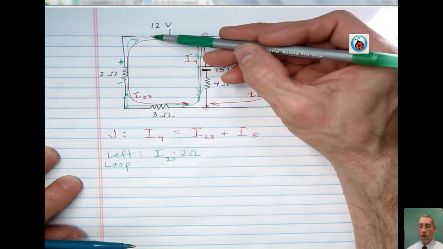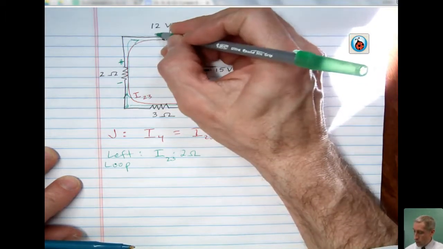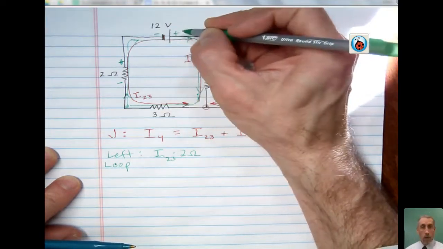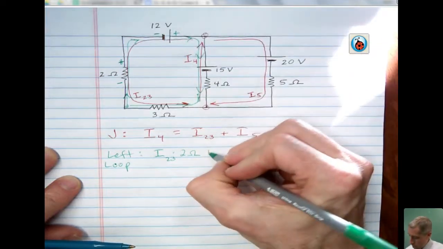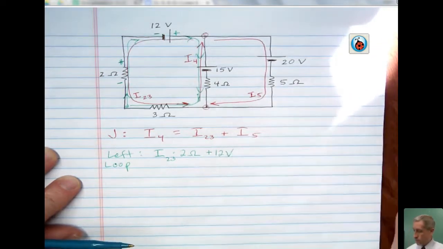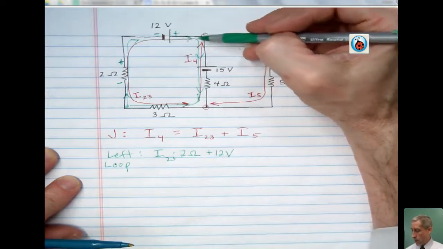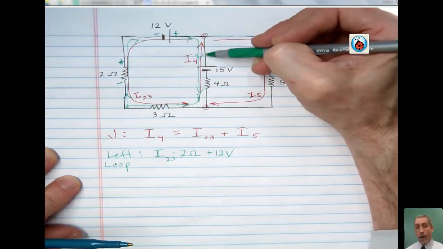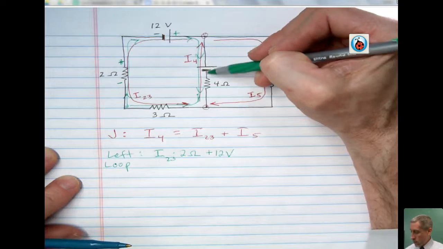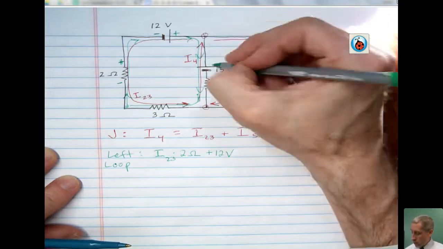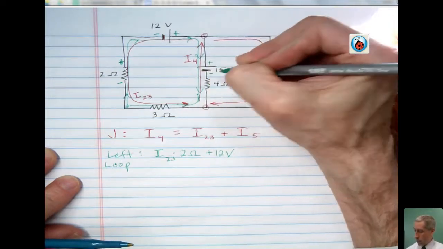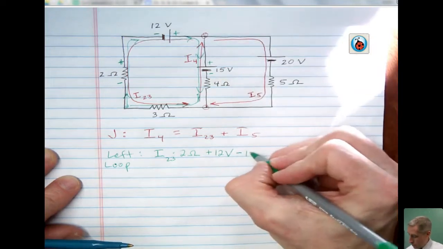Notice which way I'm going across the battery, from the low potential to the high potential. That's also a jump. In this case, a jump of 12 volts. And now I'm going to go down this way. Notice I'm going against the current. I go through this battery here from the plus to the minus now. So that's a drop of 15 volts.